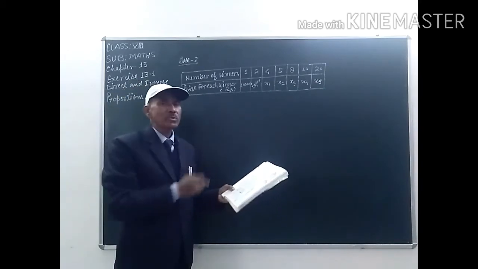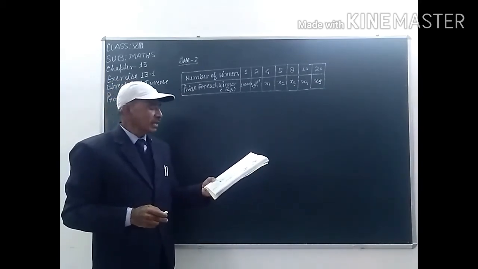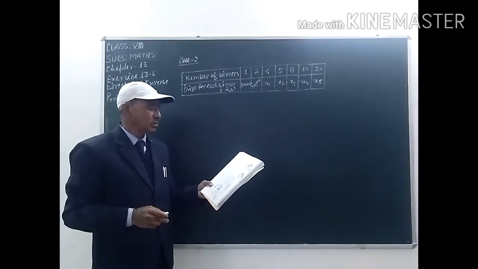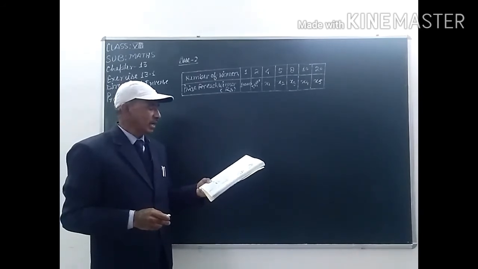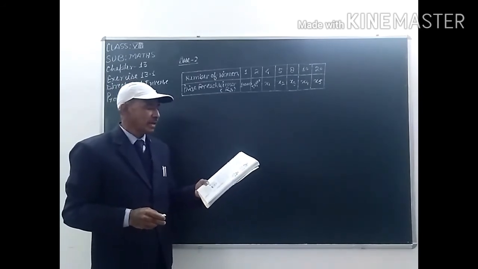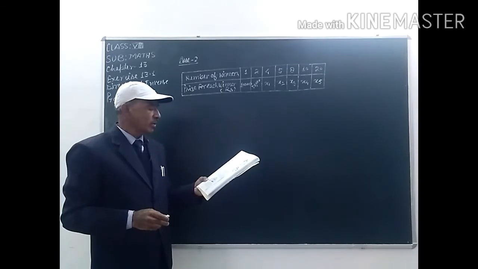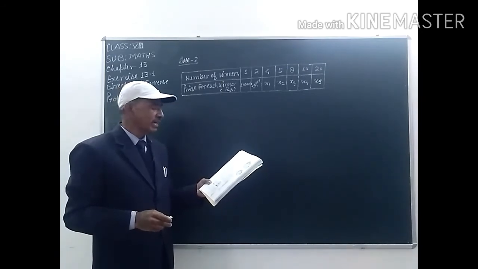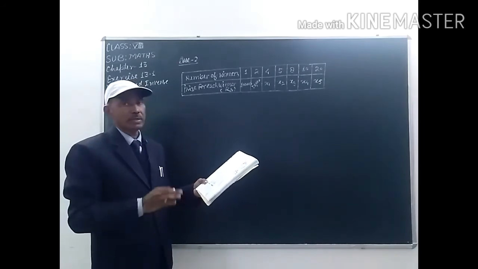Now we have to solve question number two, students. In a television game show, the prize money of rupees 1 lakh is to be divided equally among the winners. Complete the following table and find whether the prize money given to an individual winner is directly or inversely proportional to the number of winners.